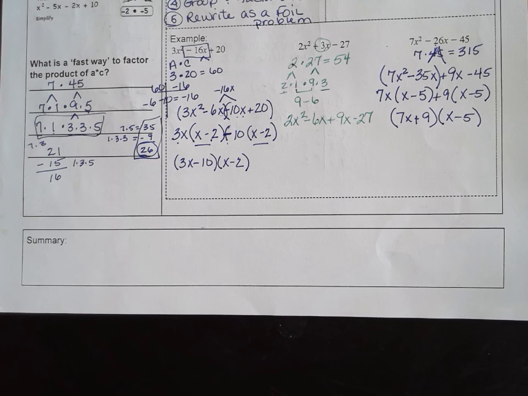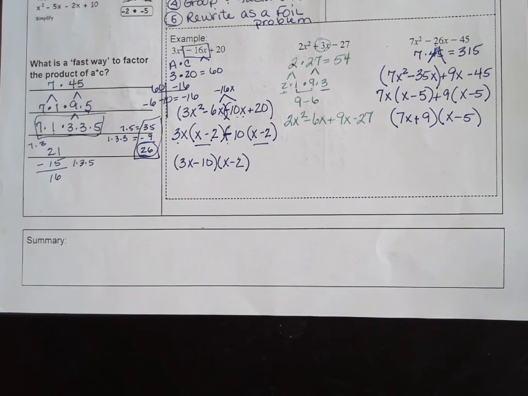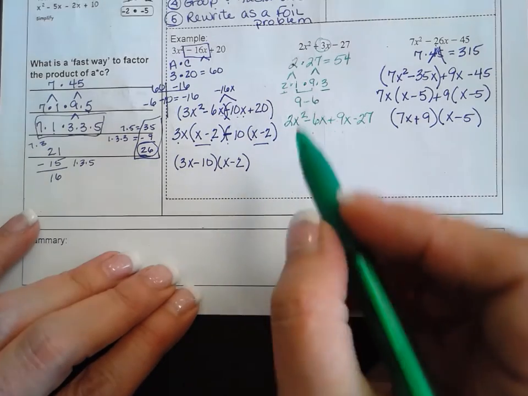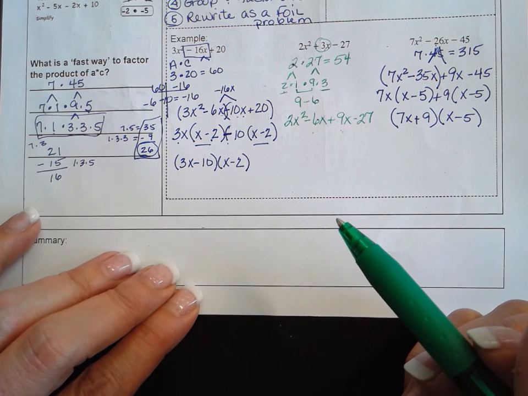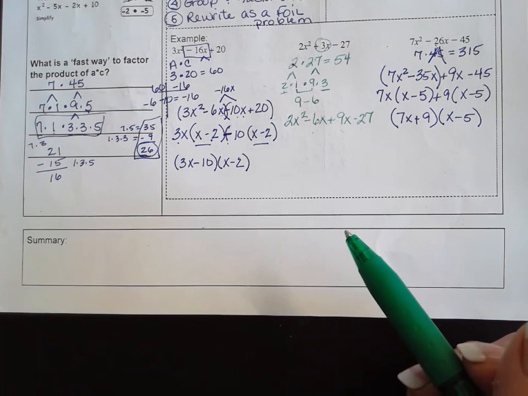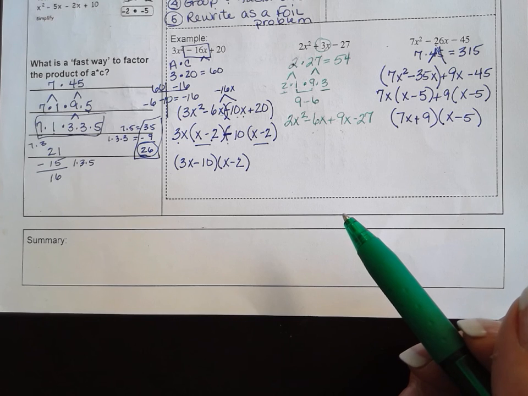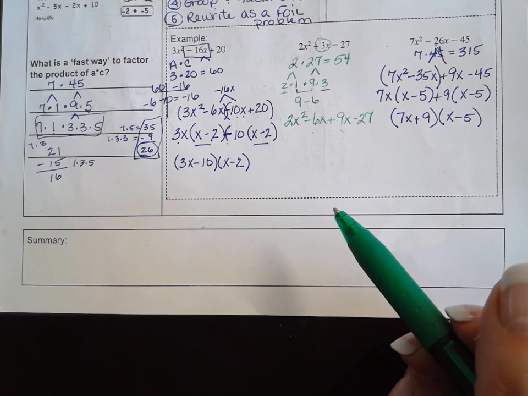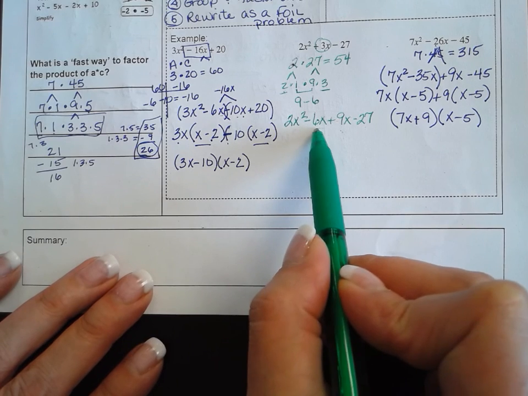Does that kind of make sense? Okay, why did I put the 6x instead of the 9x in that order? Why didn't I write 2x squared plus 9x? Why did I write the 6x first?